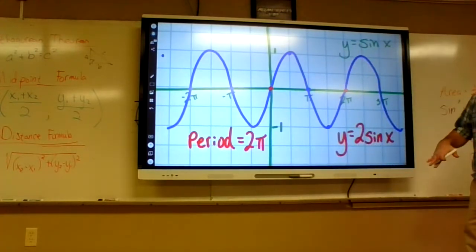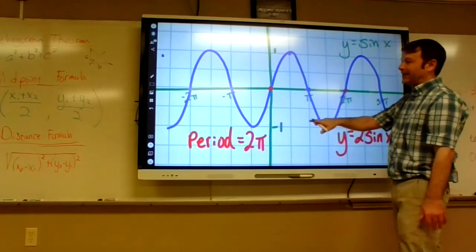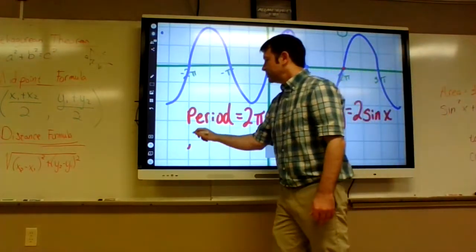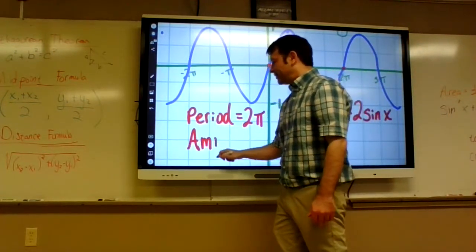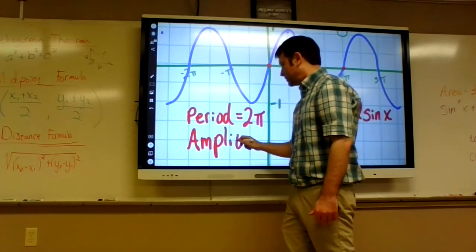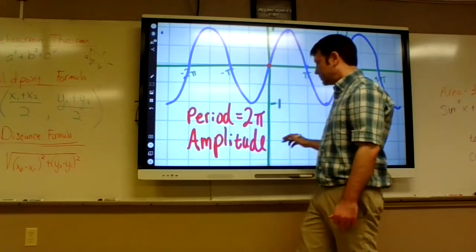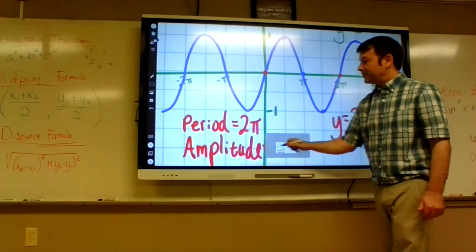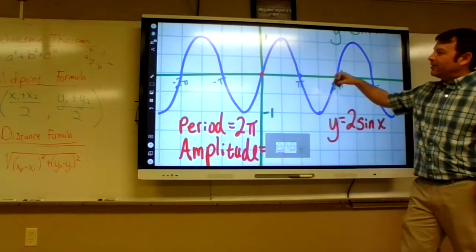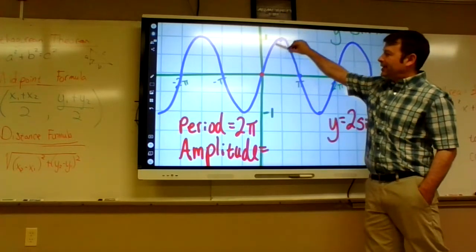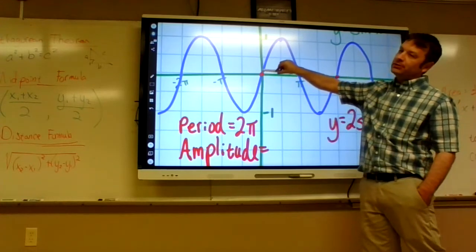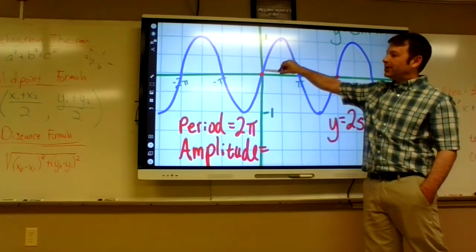Okay, the other thing that this graph has is what they call an amplitude. Amplitude is kind of like the height, but not really. So the amplitude for this graph is how far it's going up and down from the middle. 1.